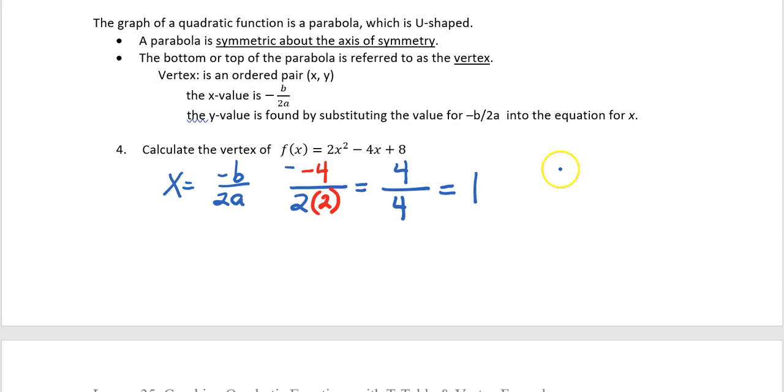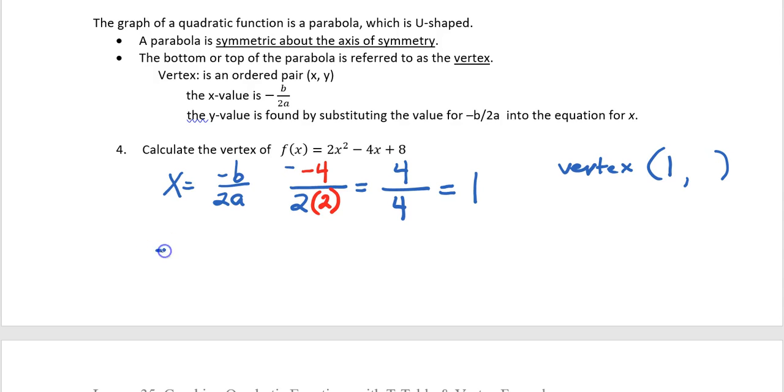Okay. That is telling us so far that our vertex is going to have a location with the ordered pair starting with a 1. Now we need to figure out the y value of that vertex. What we do is we take our answer of 1, we substitute it back into our original function.